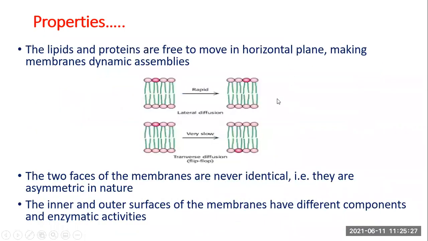Now I told you that these membranes are dynamic assemblies. They are not static. So membrane lipids and proteins are free to move in horizontal plane, making membranes dynamic assemblies.